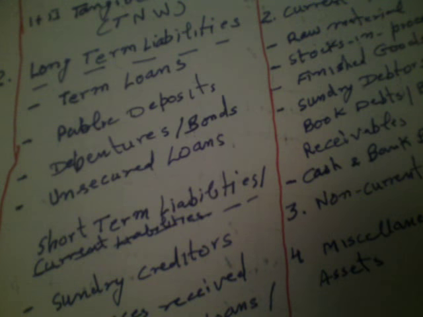Advances received. If the business entity has received some advances which they have to pay back later on, those advances are also known as short-term sources or current liabilities. Short-term loans, other short-term loans or working capital from the bank.